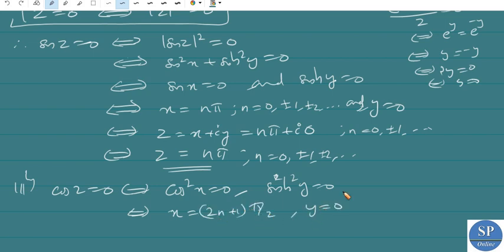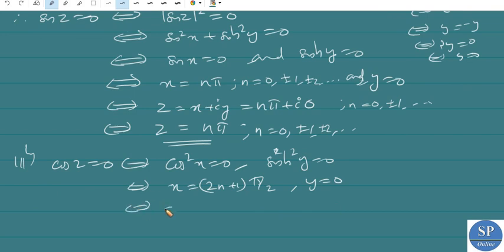So z is nothing but x plus iy, that is (2n plus 1) pi by 2 plus 0 i, for n equal to 0, plus or minus 1, plus or minus 2, etc.